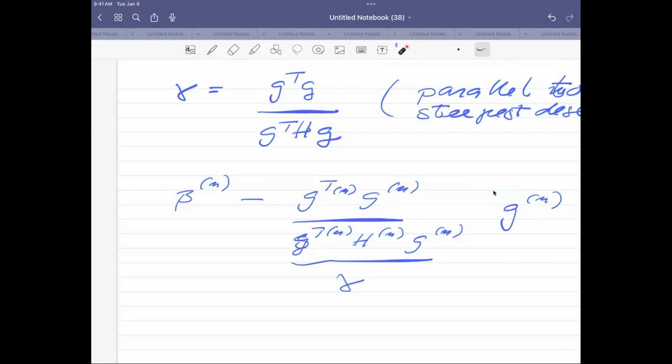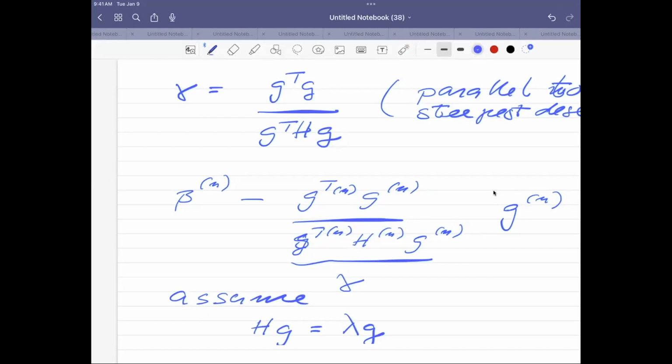This ratio is interesting because suppose now, and this is normally not the case, that this vector G is an eigenvector of H. So that means that you have something like lambda times G. Let's just make that as an assumption, because this is related to a mathematical criterion for the convergence of Newton's method, which I'm just going to state.